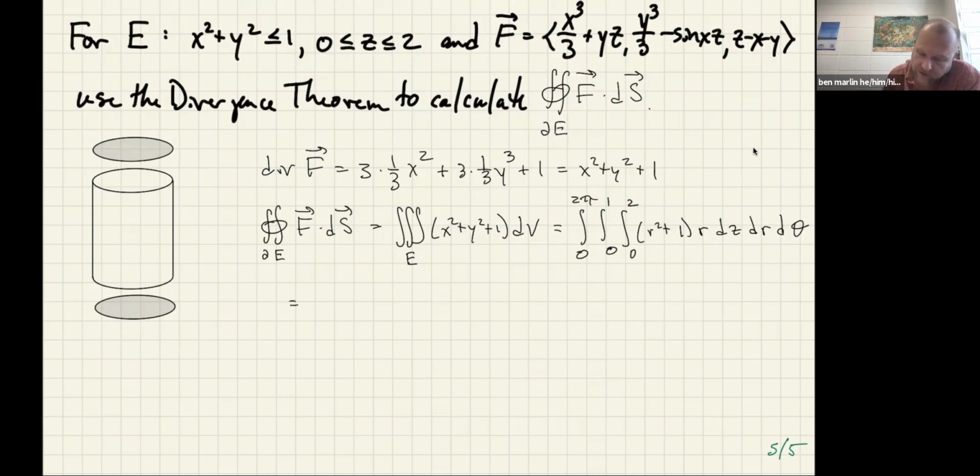Doing the calculation, there are no thetas, so we can just put a 2 pi up front.